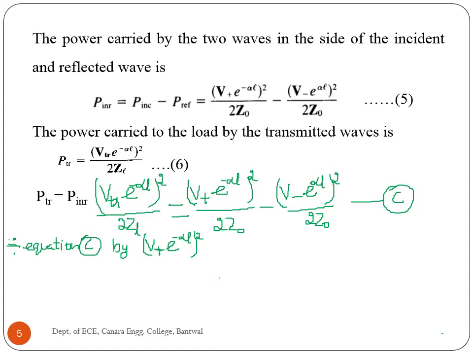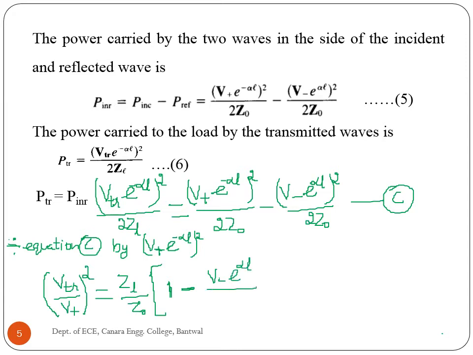Equation number C becomes VTR divided by V plus, whole square, which is equal to ZL by Z naught into 1 minus (V minus e to the power alpha L divided by V plus e to the power minus alpha L) square.